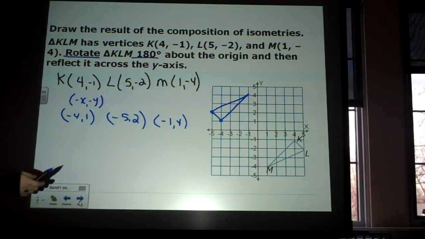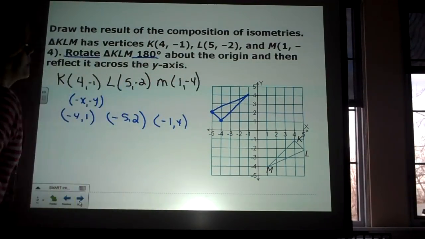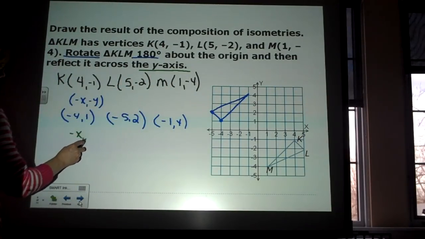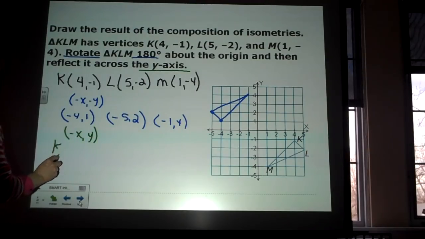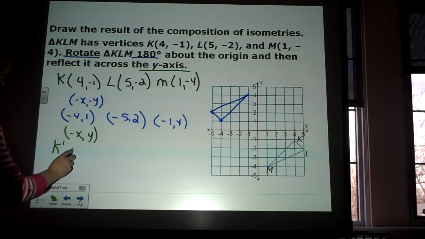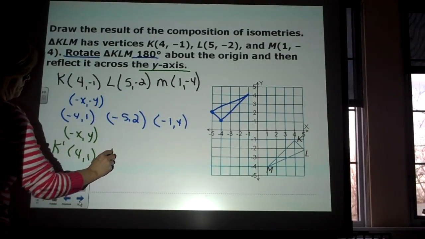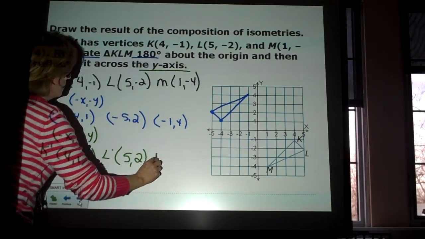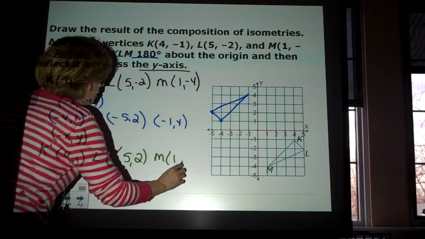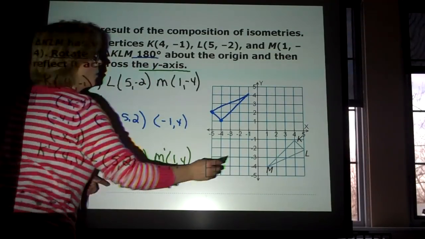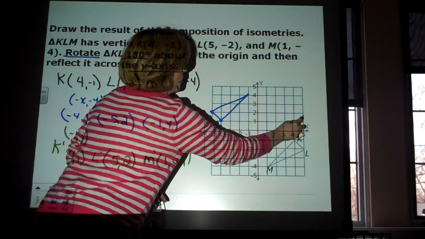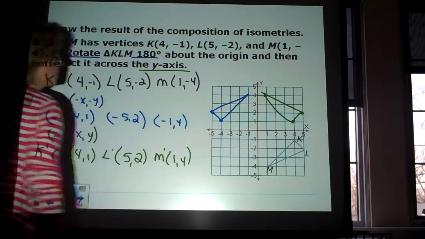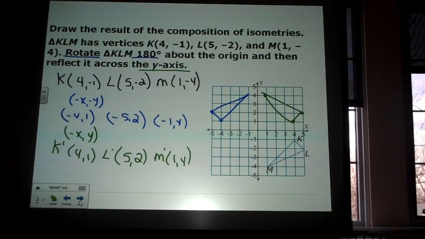So we just rotated 180 degrees. Now we need to reflect across the y-axis. The rule for that is opposite your x, keep your y. So our image is going to be (4, 1), (5, 2), (1, 4). And there's your composition of isometries.